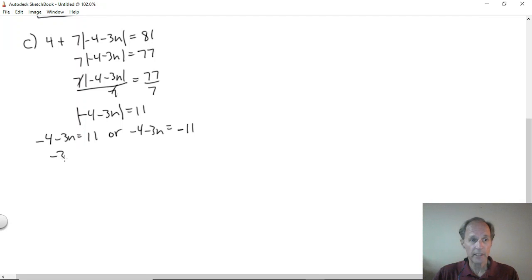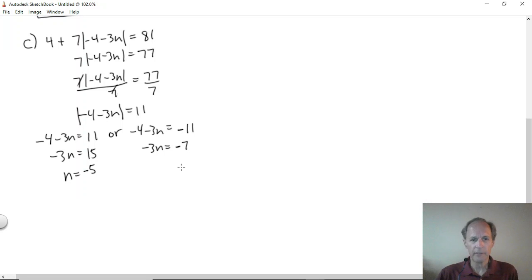Add 4 to both sides. Negative 3n equals 15. Divide both sides by negative 3, and you get n equals negative 5. Okay, the other one, we add 4 to both sides, and we get negative 3n equals negative 7.